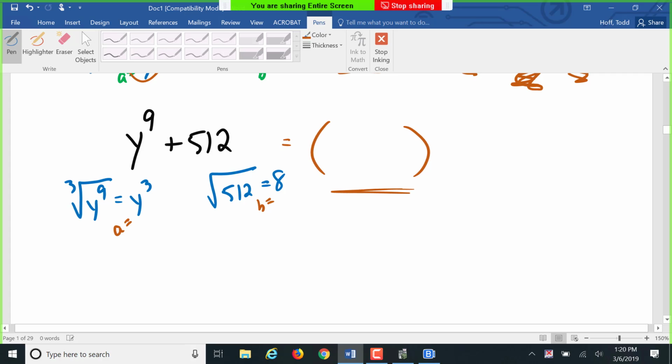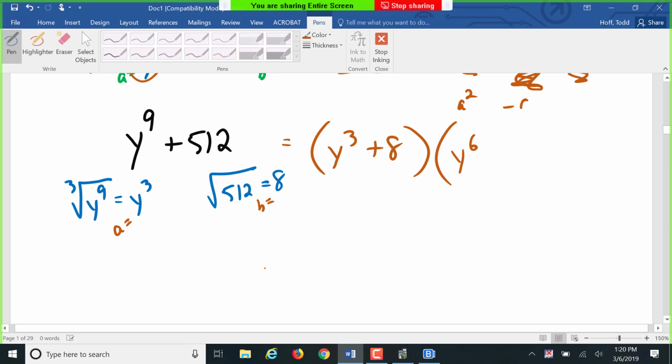So what's our first piece here? Y to the third plus 8. Very good. What's the first term of our next piece? Y to the 6. Remember, it's a squared.